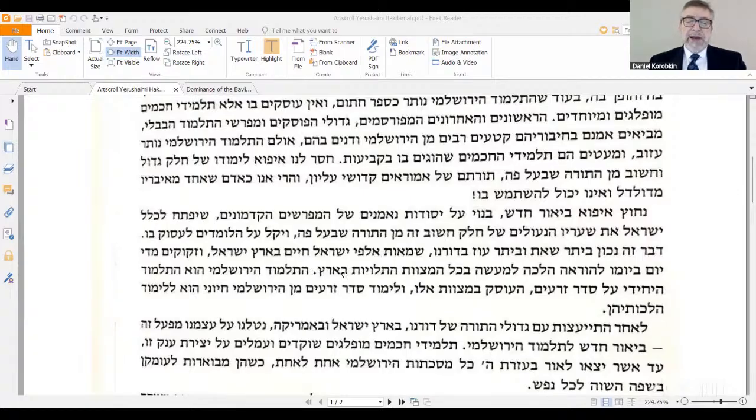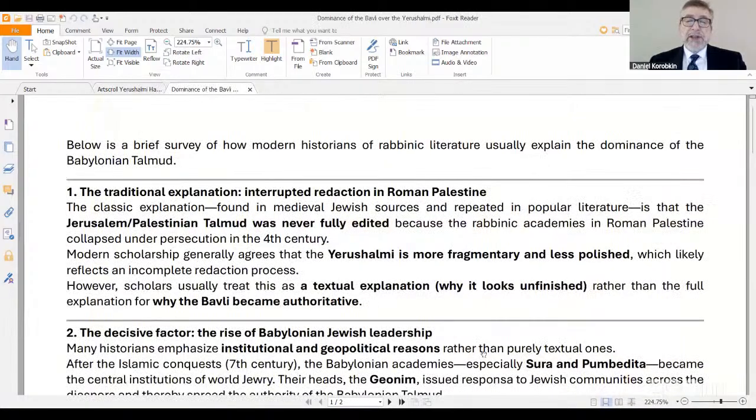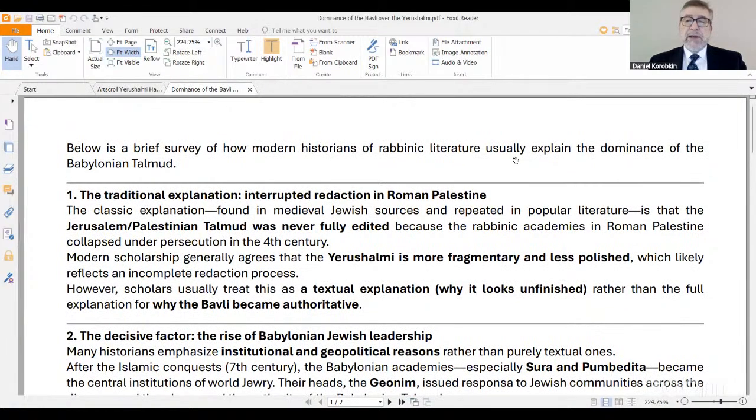But through my studies over the years, I've also attained some of the scholarly materials as to why the Yerushalmi was not studied as much. So I asked ChatGPT to just put it into a concise summary. I'm just going to read this for you, and if anyone wants this, maybe I'll post this document on the WhatsApp today.